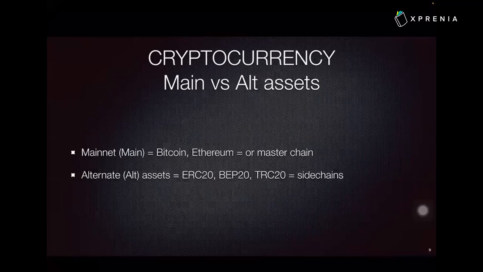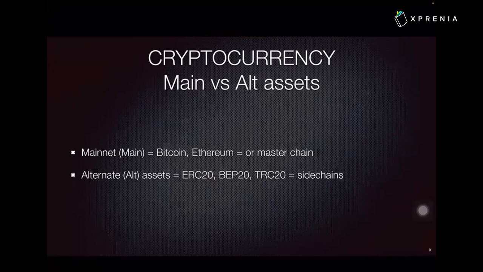So you get ERC from Ethereum and you get BEP20 from the Binance Smart Chain. The TRC20 would be the Tron network. So they are all side chains. Most of them are forked from Ethereum itself, so it's called the EVM network.